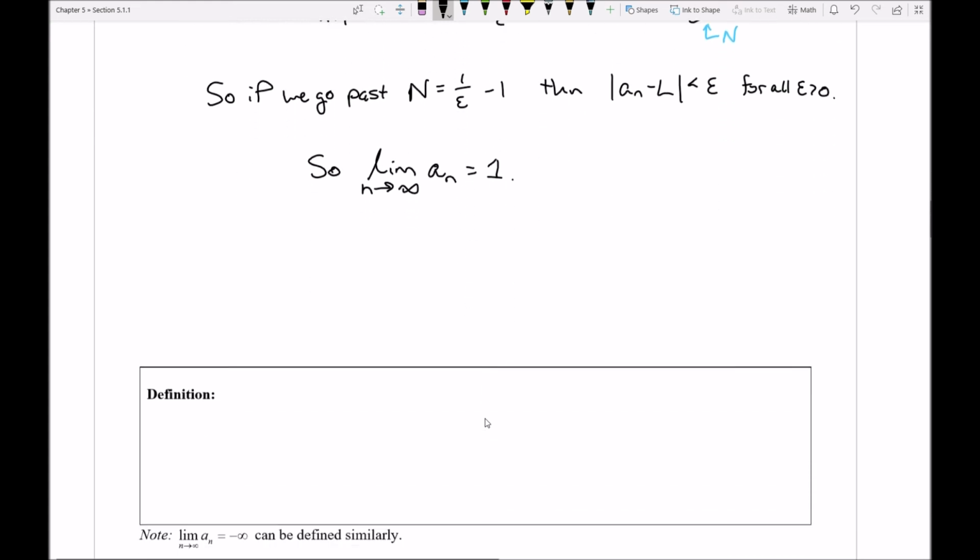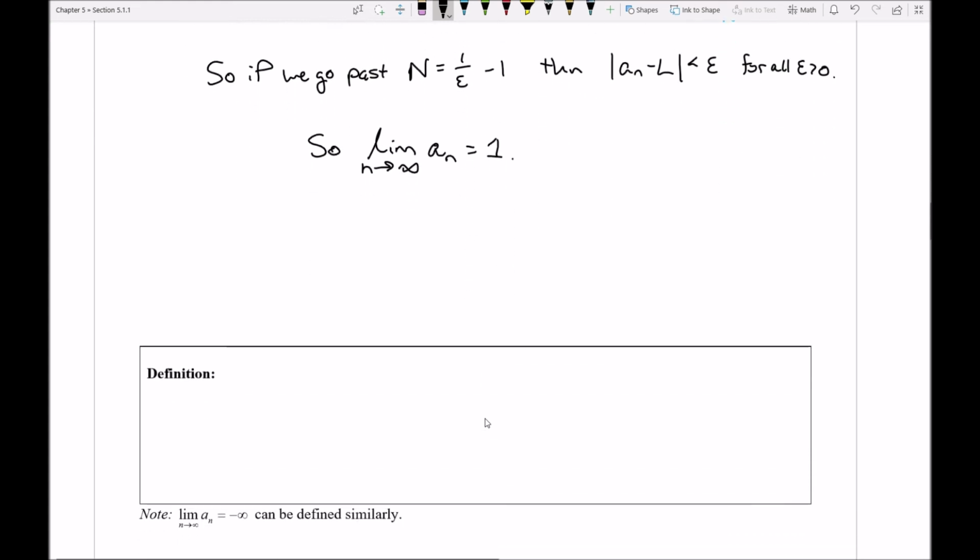Before we move into some other examples, we can quickly define one final thing. What does it mean to have a limit of a sub n that equals infinity?